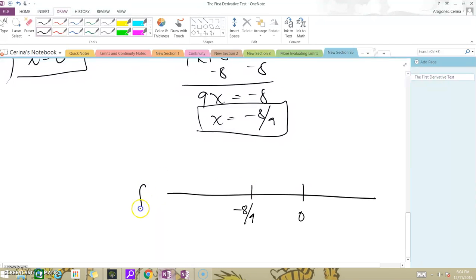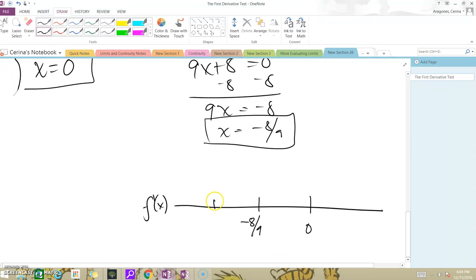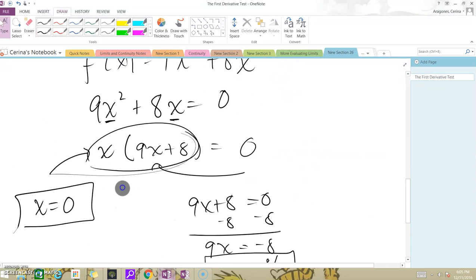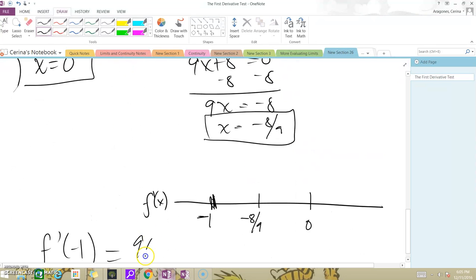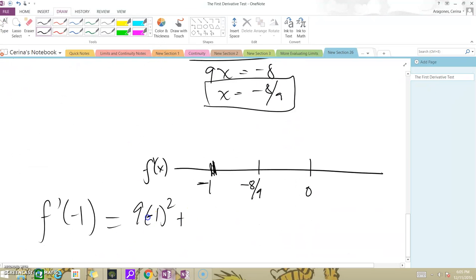Okay, so we're looking at f prime of x. So let's look at a value before negative 8 over 9, which is negative 1. So f prime of negative 1 is equal to 9 times negative 1 squared plus 8 times negative 1, which is 9 minus 8, which is 1. That's a positive number.